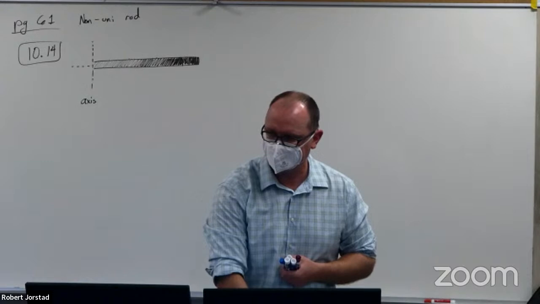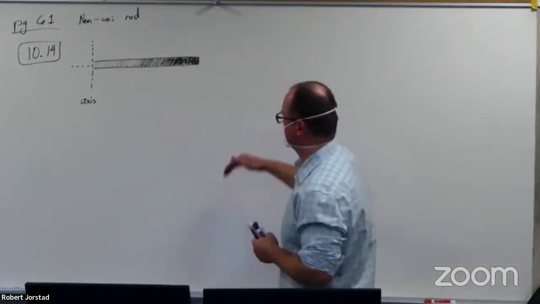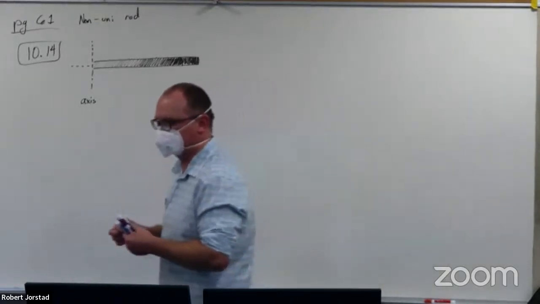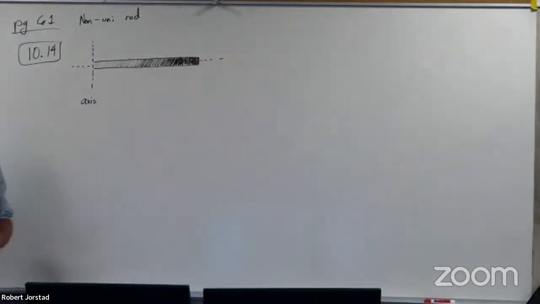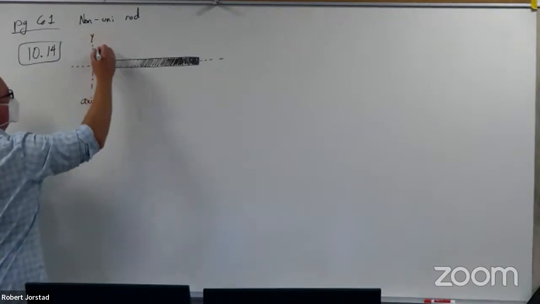Okay? So it will matter. You're right. If we were rotating this about the x-axis, the moment of inertia would be very small. It would be basically mass times the radius of this rod, but that's not what we're doing. We're going to end up rotating about the y-axis.